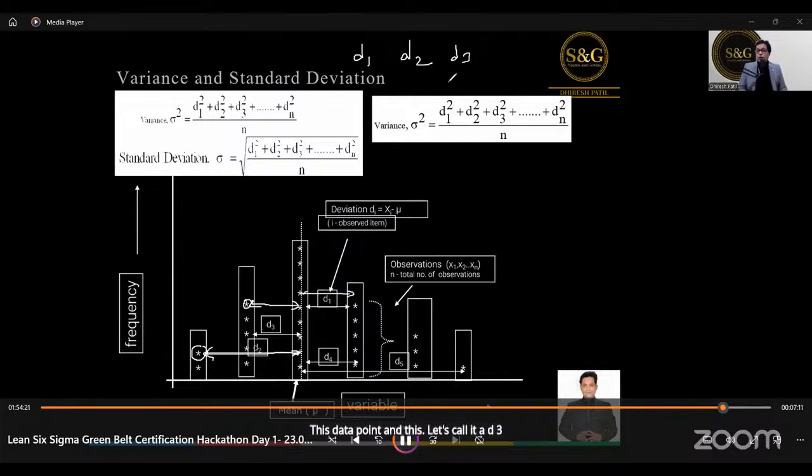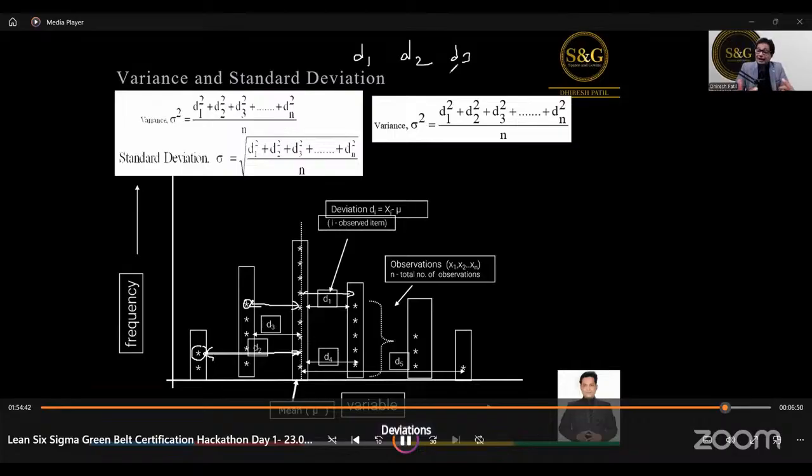So D1, D2, D3, D4, etc. are the deviations from the mean. Clear, everybody? Just give me a yes in the chat box. First we calculated the mean, now we are calculating the deviations.